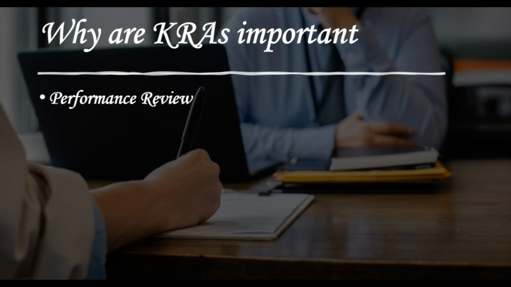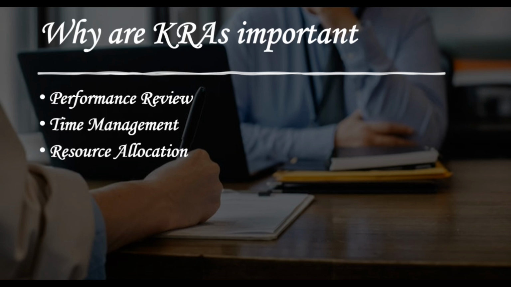Performance review. Appraisal, rewards and recognition, bonuses and other ways of appreciating employees become indisputably fair and unbiased when KRAs meet with their tasks accomplished. Time management. Deadlines and timelines are part of KRA and help in managing time, prioritizing tasks and delivering projects on time. Resource allocation.